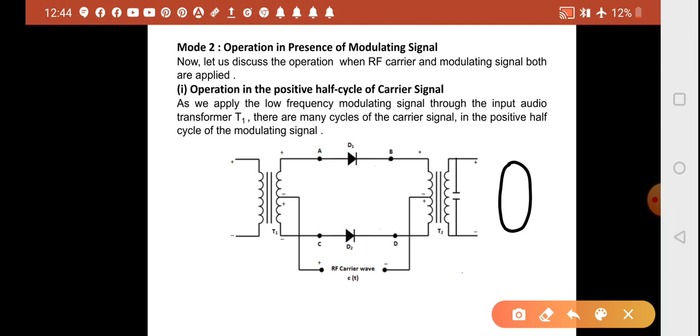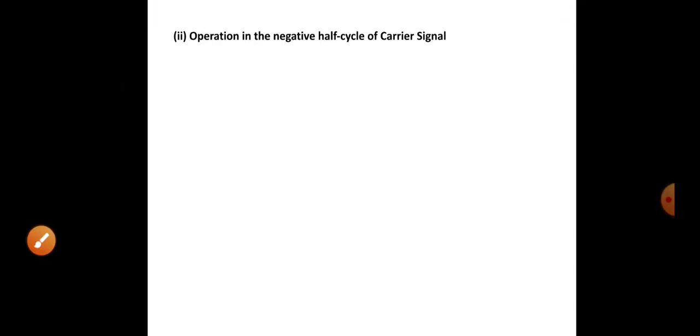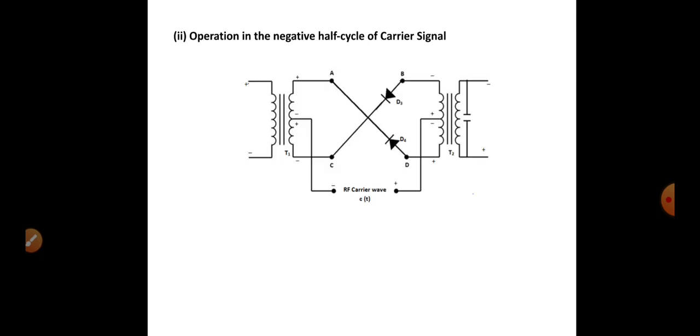Now the second case, the negative half cycle of the carrier. In this case, from the diagram you can see D3 and D4 are forward biased, so they are on, and D1 and D2 are off.